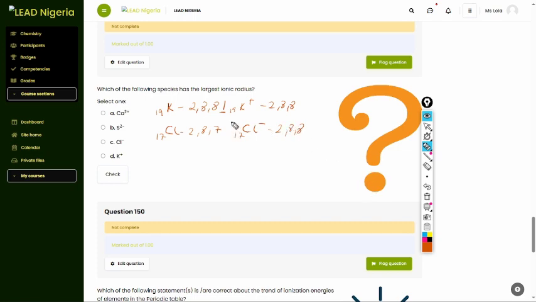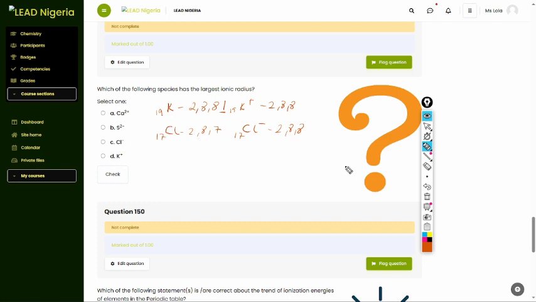So 7 electrons and 8 electrons, 8 electrons will have more repulsion than the 7 electrons, and as the electrons repel each other, they increase the size of the atomic orbital. So the chlorine ion is larger than the chlorine atom.